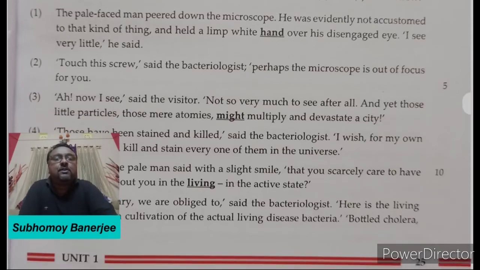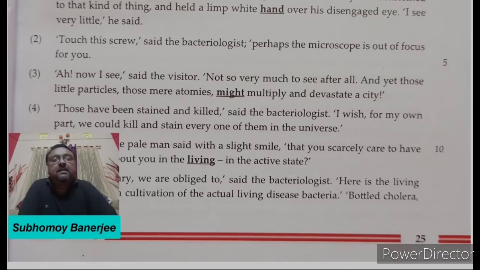Now let's scroll to paragraph number 3. Now I see, said the visitor. Not so very much to see after all, and yet those little particles, those mere atomies, might multiply and devastate a city. Might. The word might is in bold letters and underlined. What does the word might here possibly mean?